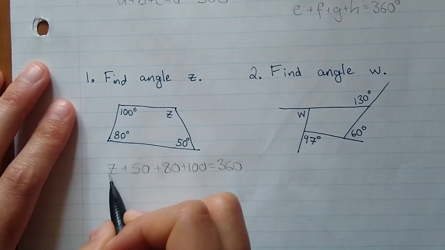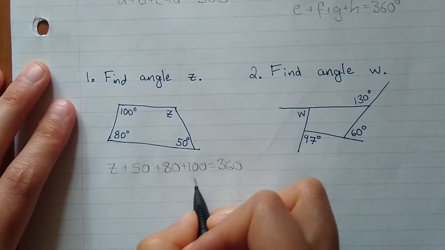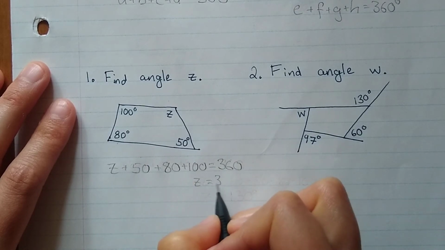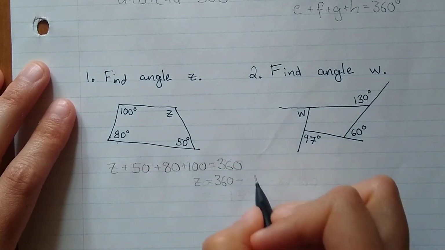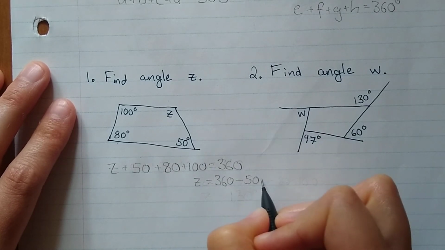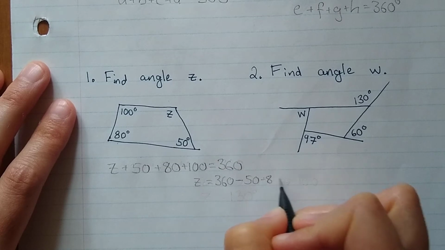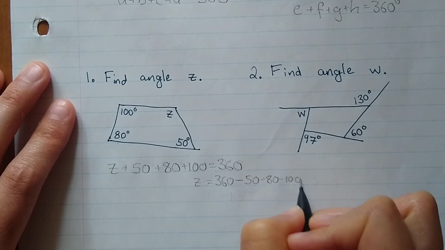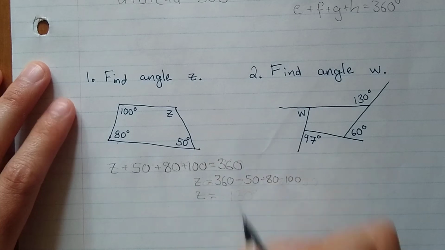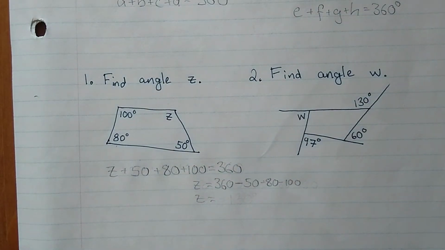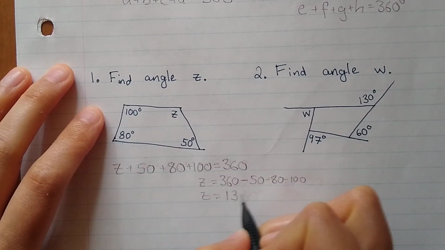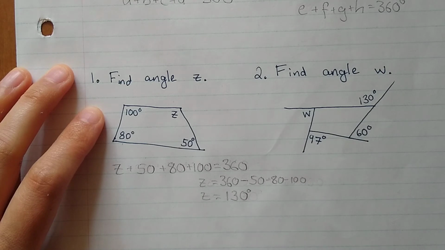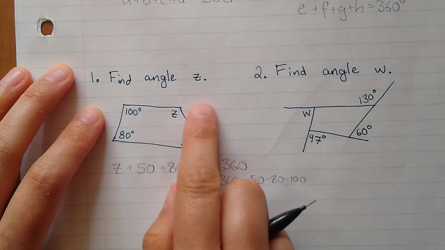And then we're just going to isolate for Z. So we'll keep Z on the left, and then 360 can stay on the right, it's already there. 50, 80, and 100 all need to go over to the right side, and they will be subtracted. So 360 minus 50 minus 80 minus 100 is 130. So then we know that Z is 130 degrees, this angle here.